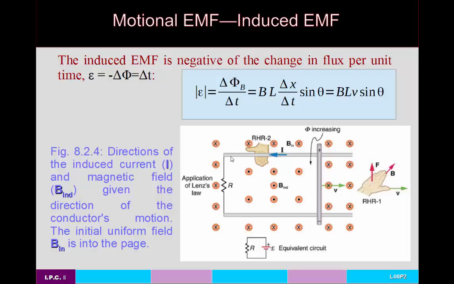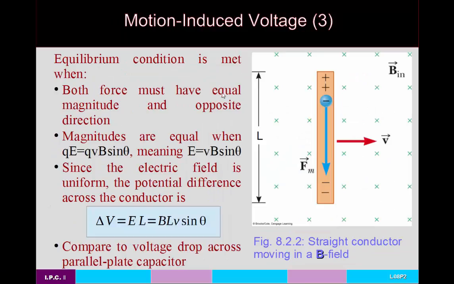Again, in this particular diagram, because the magnetic field and the velocity are shown as perpendicular, the sine of theta term would be equal to 1, and so you just have that the induced EMF is BLV. And this is in fact consistent if we go up a couple of slides to the motion-induced voltage.